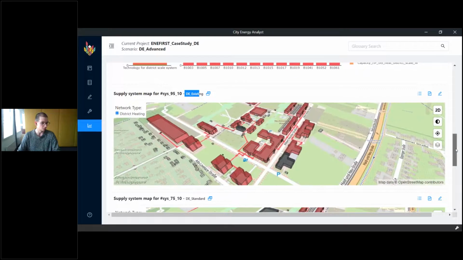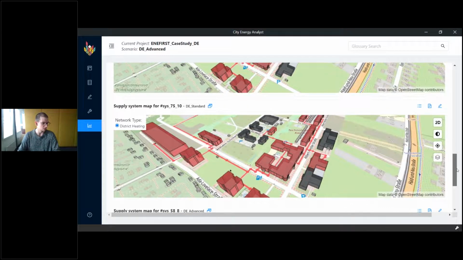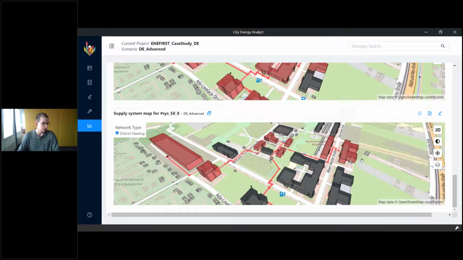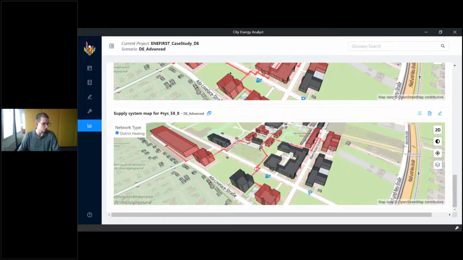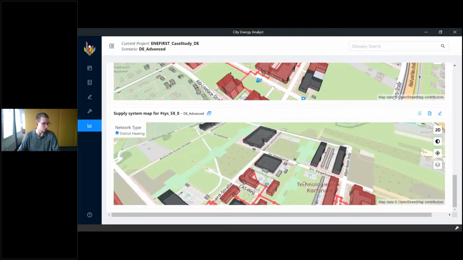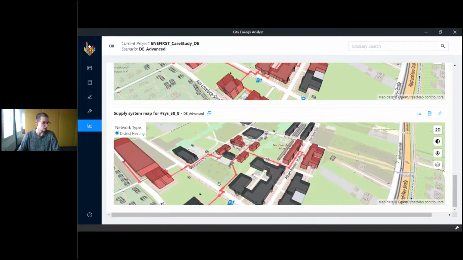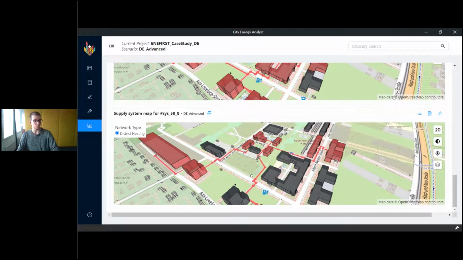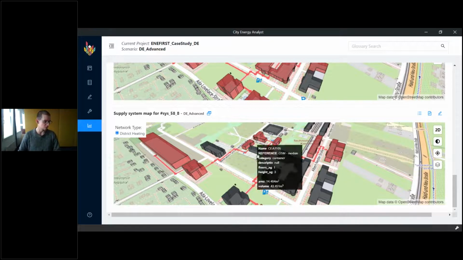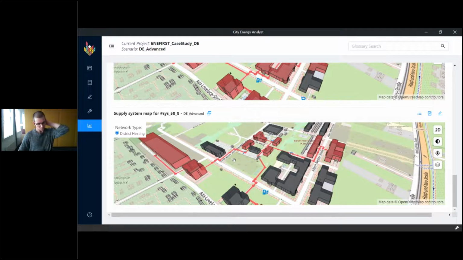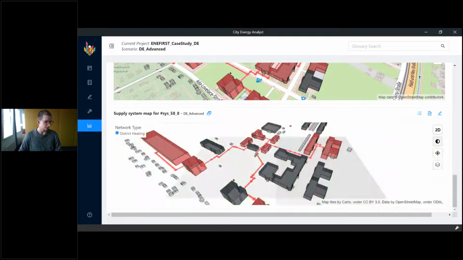But things look different already when we look at the standard scenario and more extremely the advanced scenario, in which only a few of these buildings are still connected to the district heating system, because according to the model, it does not make sense anymore from a pure cost perspective. As a local planner, you may argue that if you build a district heating system, you make sure that each of the buildings is connected. But from a pure cost perspective, according to the model, this does not make entire sense.